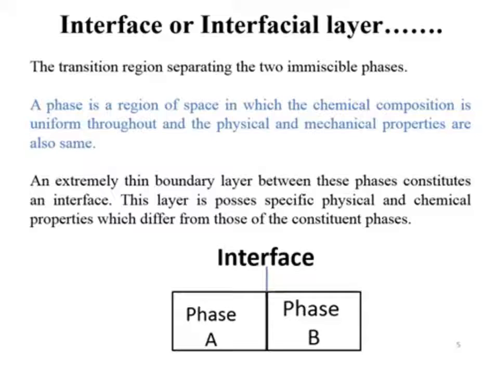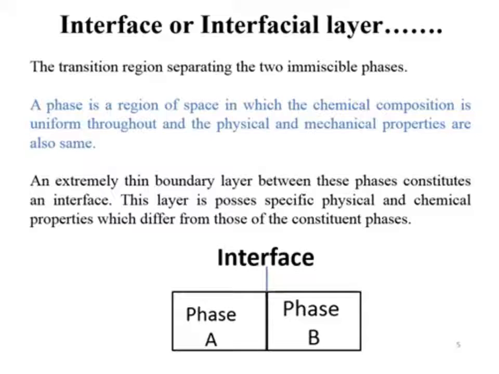When two immiscible phases are present, then a thin boundary is found between them. This thin boundary found between two immiscible phases, phase A and phase B, a thin layer of region, is called the interface.